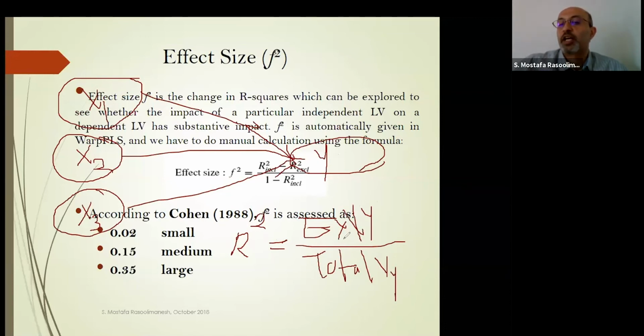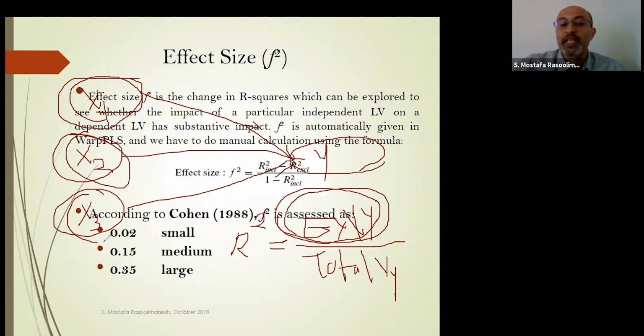But this explained variance comes from these three variables. Using f square, we can identify how many percent of this explained variance comes from x1, how many percent from x2, and how many percent from x3.